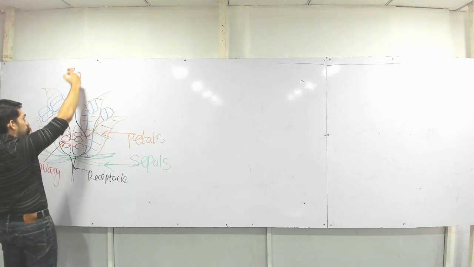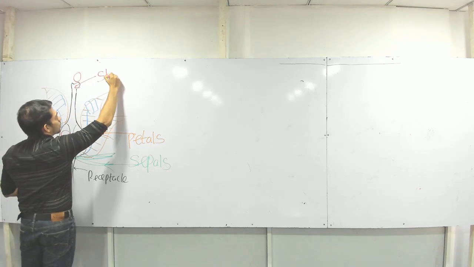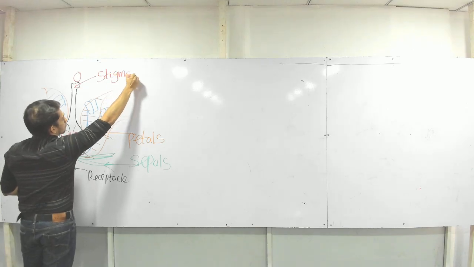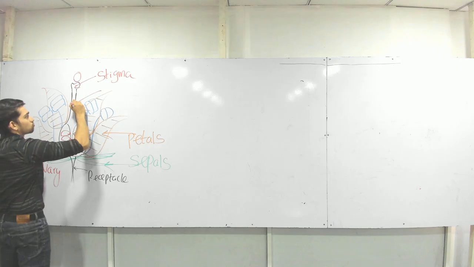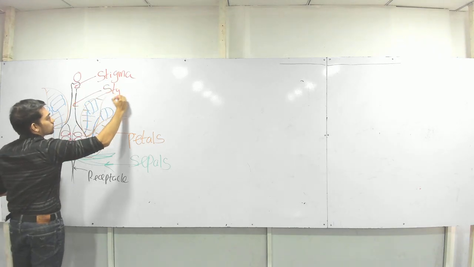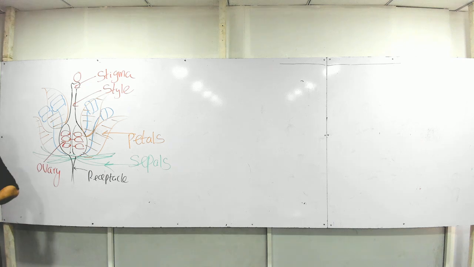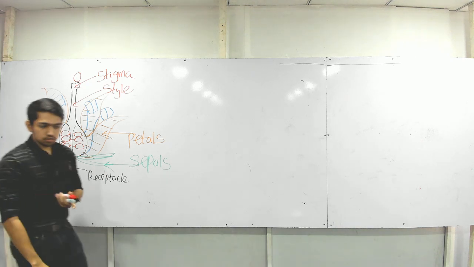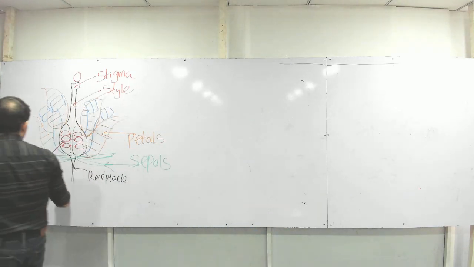Pollen is going to come and get deposited here. This is called stigma. Then there's a chimney connecting the ovary to the stigma, that is called style. Stigma, style and ovary together form the female components of the flower.